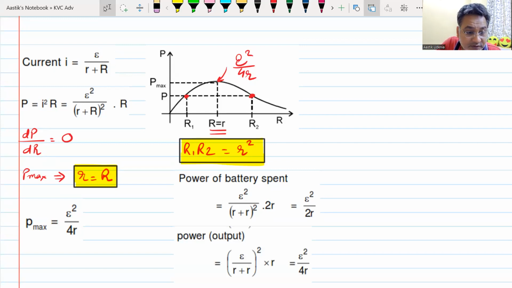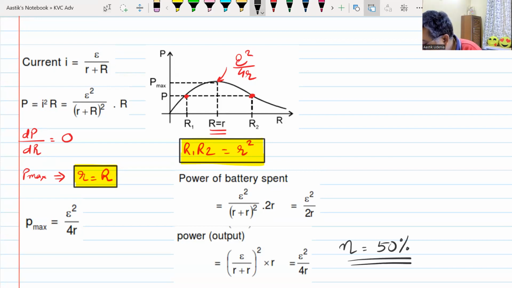Therefore, efficiency becomes how much? Your efficiency eta becomes 50% in this case. So for maximum power, the efficiency of this battery is only 50%. Do we understand this? Yes, sir. I'll give you 2 minutes to note this down.